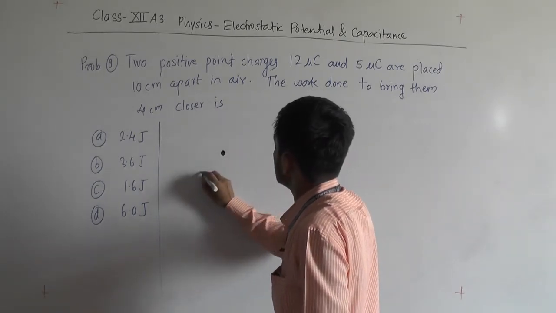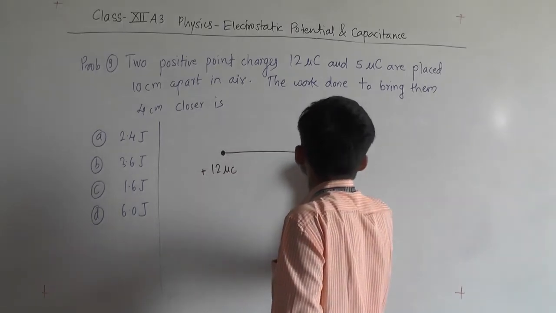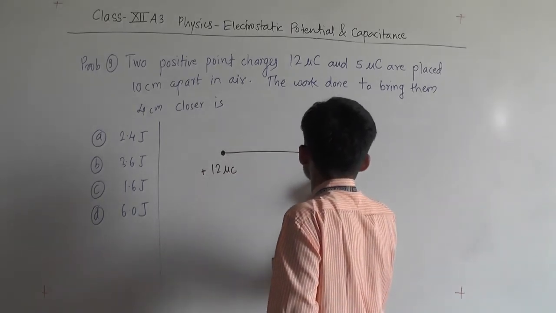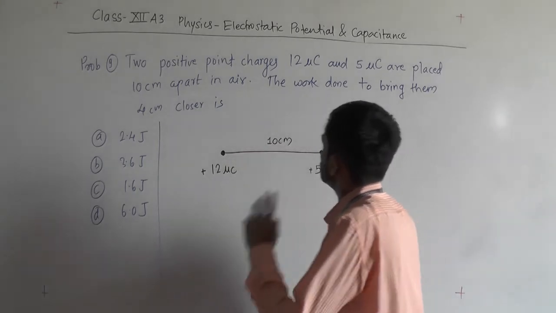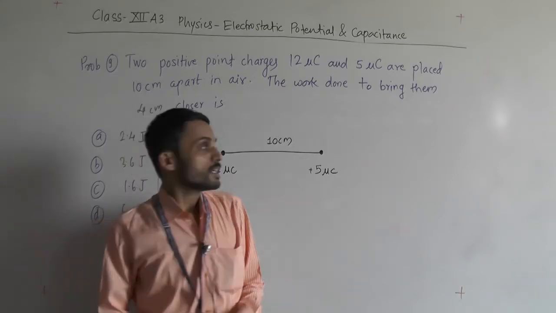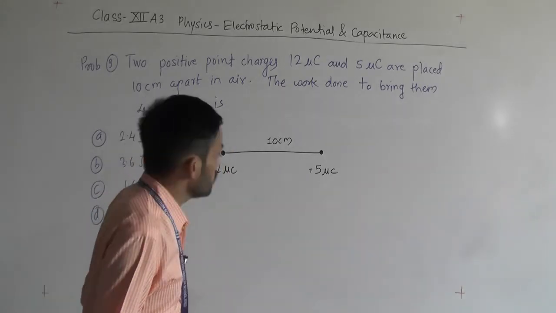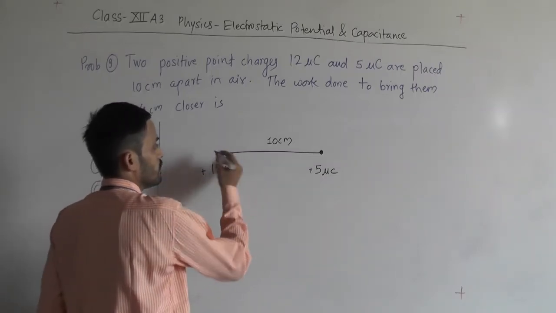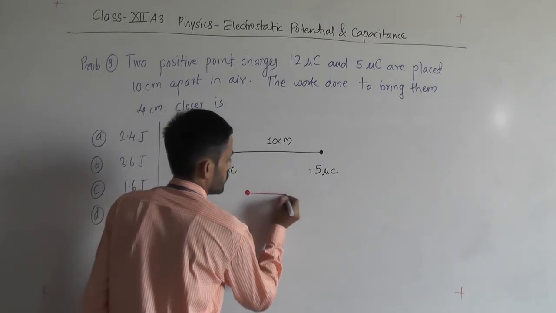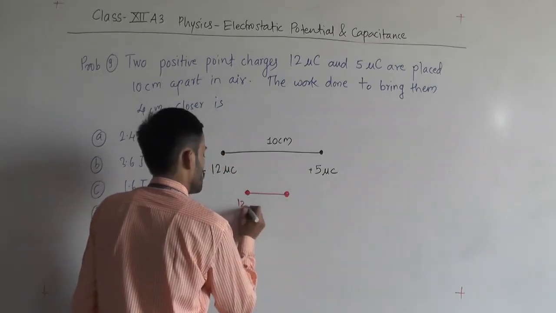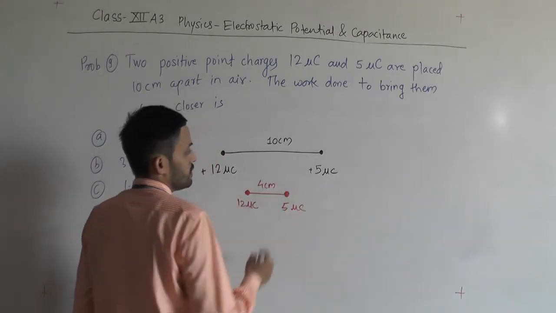Suppose here plus 12 microcoulomb and here is my plus 5 microcoulomb and 10 centimeter is the distance between them. The work done to bring them 4 centimeter close. So this is initial. Now I have to make them close 4 centimeter. Same 12 microcoulomb, 5 microcoulomb and 4 centimeter.